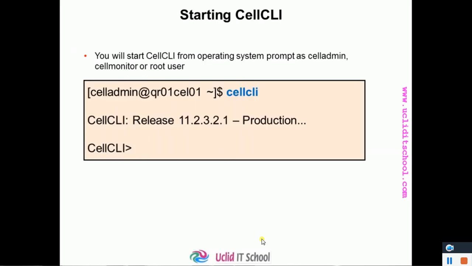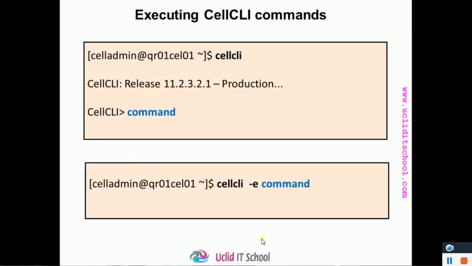Then, how to start the cellcli utility? We saw already. Once you log into the cell, at the OS operating system prompt, you can simply type cellcli and you will get a banner and you are at the cellcli prompt.